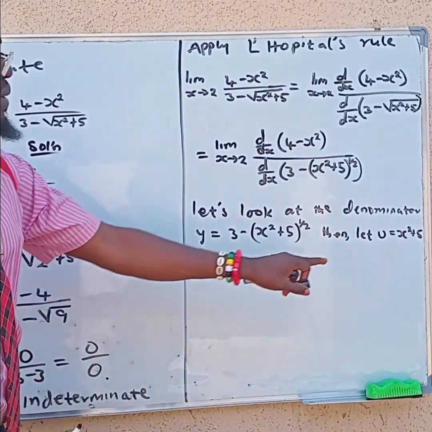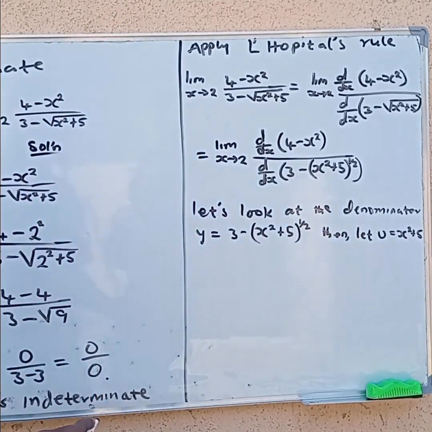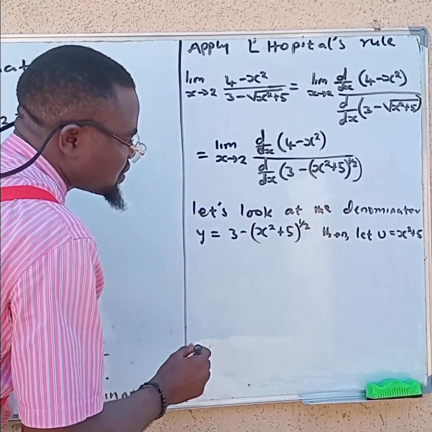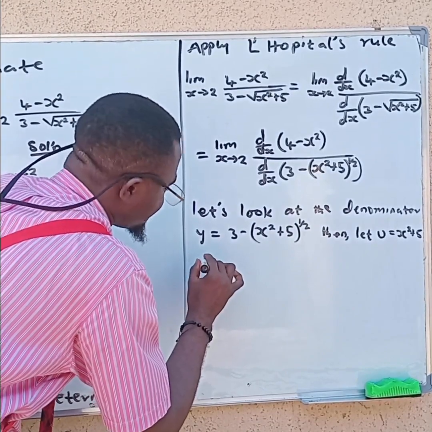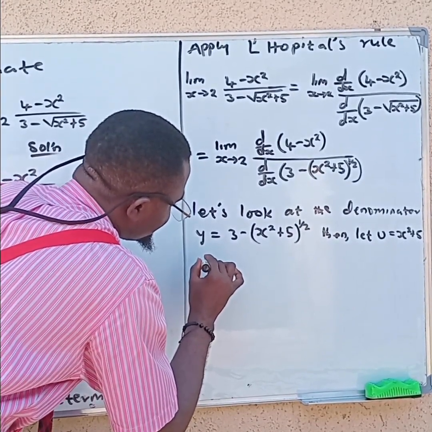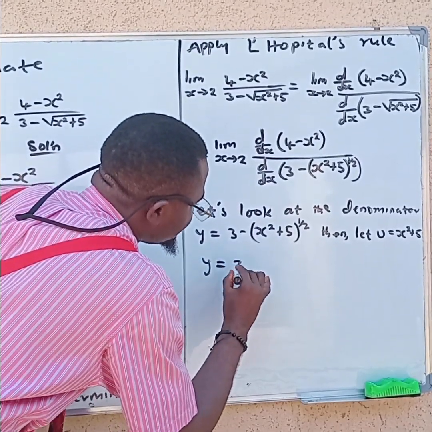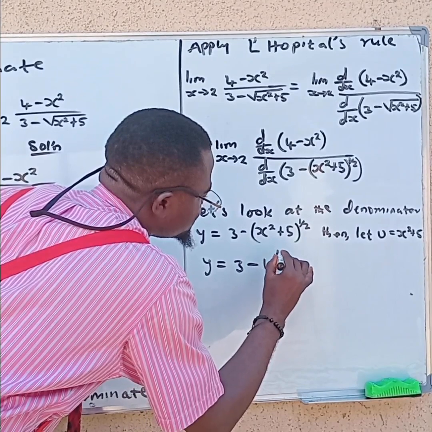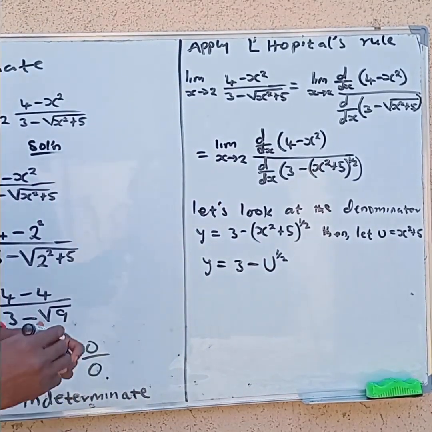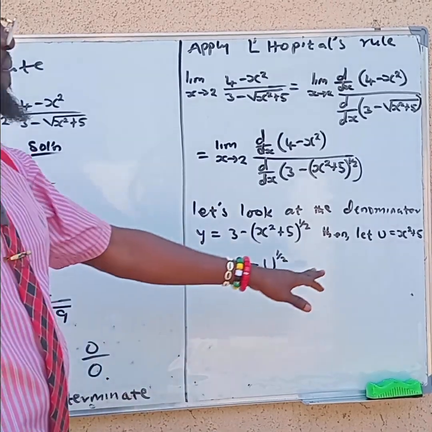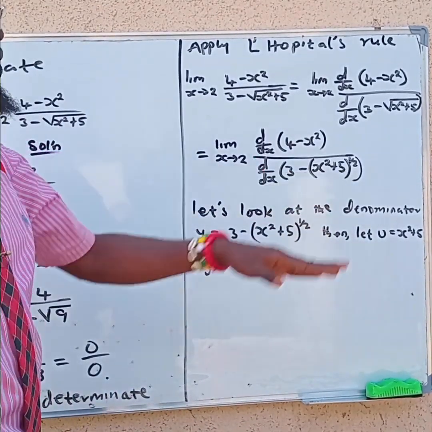Don't forget, our u is x squared plus 5. Then y will now be 3 minus u raised to power of half. Now, this is a function of a function. We are just looking at the denominator.